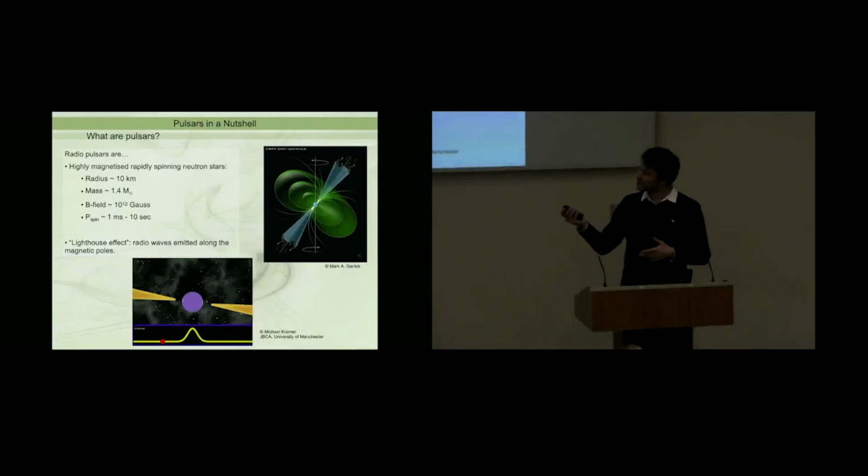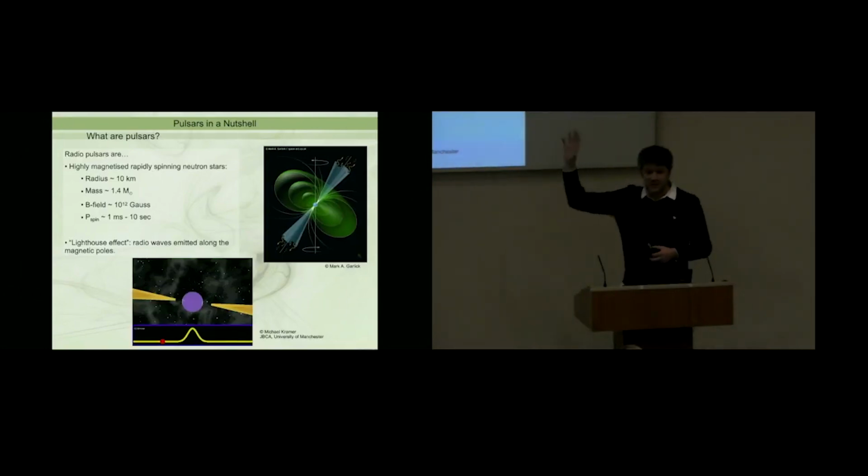So the fastest ones, they spin much faster than, say, your kitchen blender. And if you're a Formula One amateur, you should probably know that the typical RPM on Formula One cars is something like 30 or 40,000 RPM, or even less. And so pulsars actually spin faster even than Formula One engines.